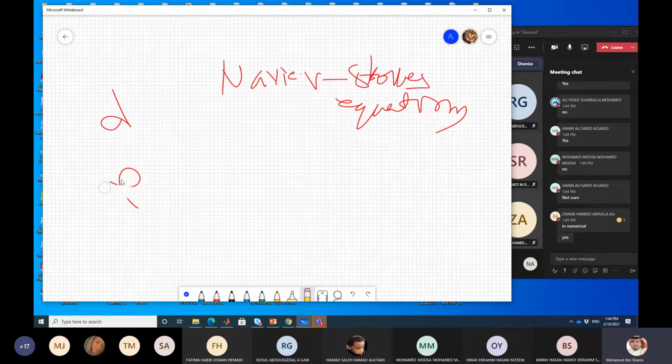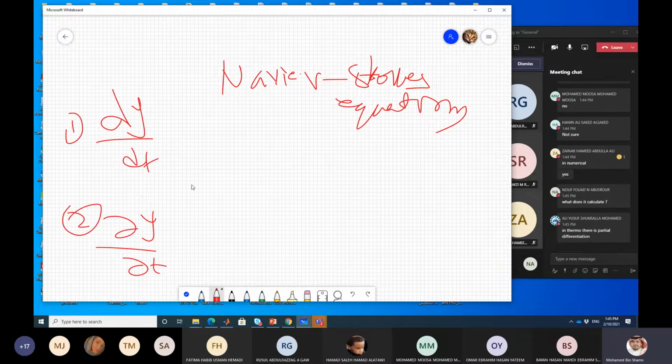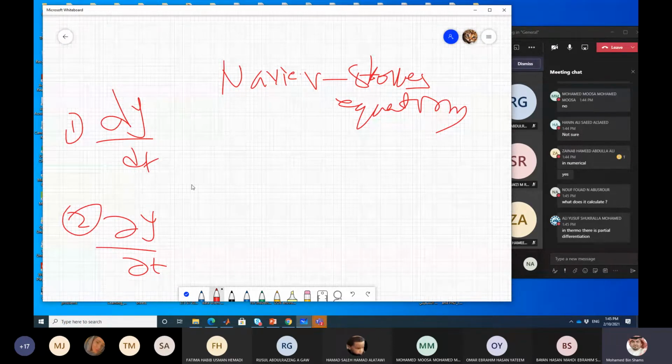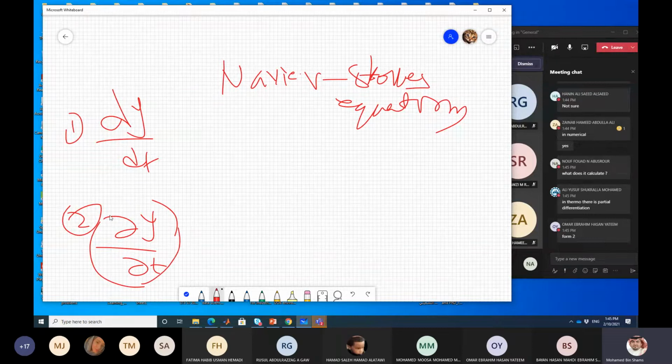Sorry, I mean when you studied this, were you studying it in this form or in this form? Is it form 1 or form 2? The one who answered said numerical, form 2. Okay, good. That's a partial differential equation.